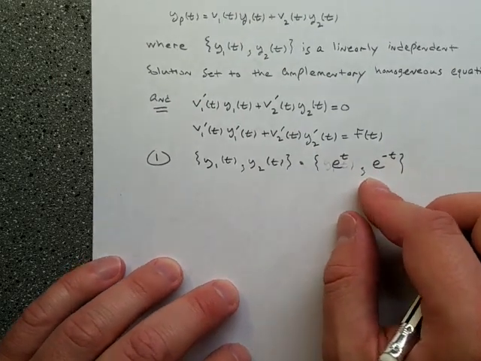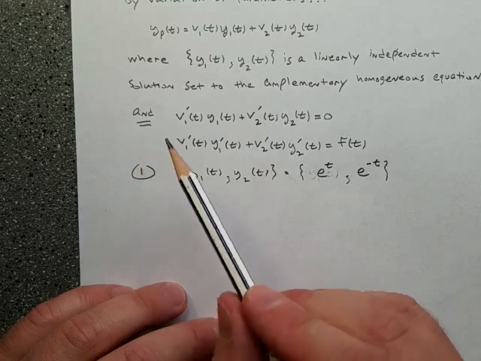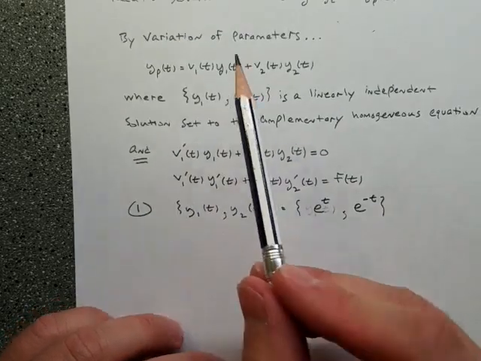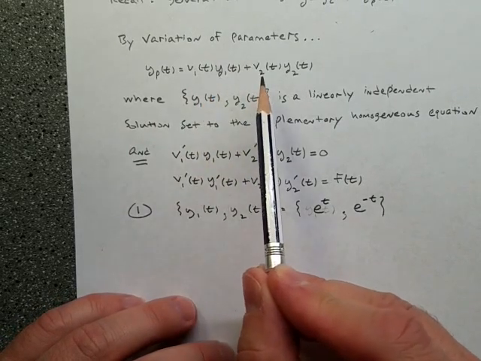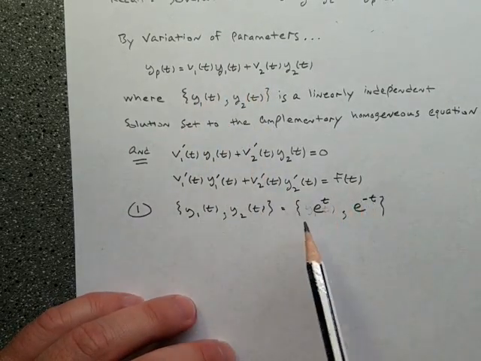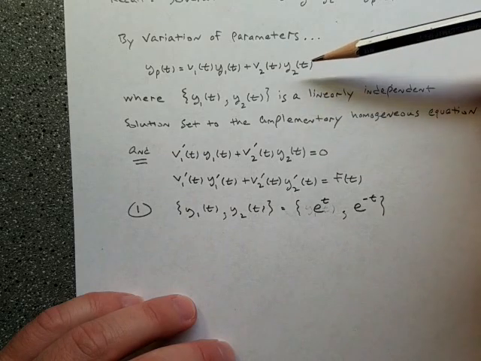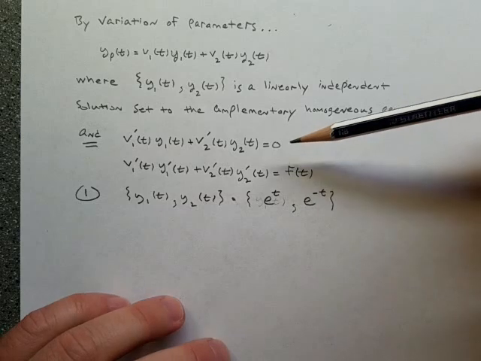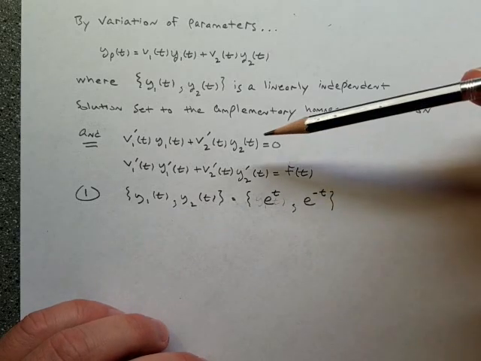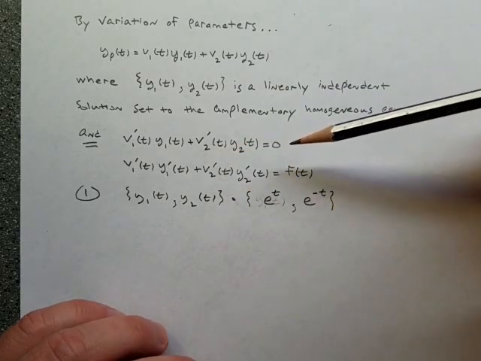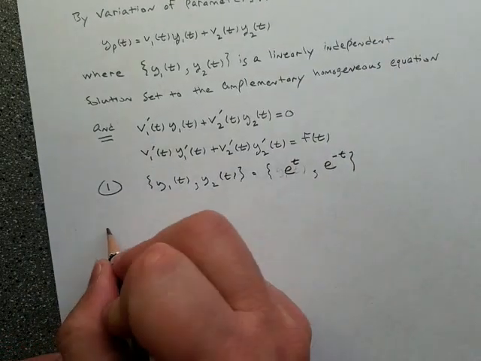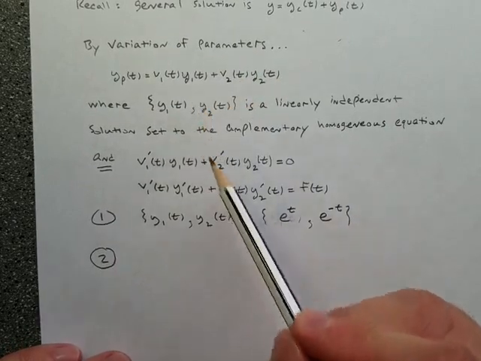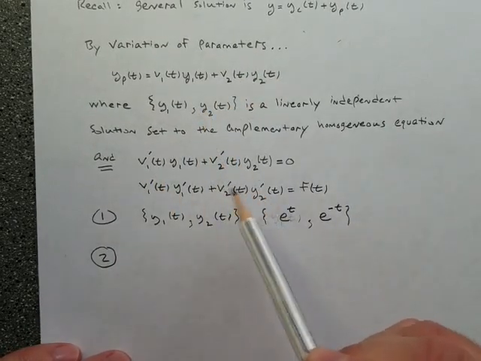Okay. All right. Now, from here, I don't know what v1 prime is and v2 prime. I definitely don't know what v1 and v2 are, but since I have these, the objective is to find v1 and v2. And you find them out of that system right here. So what we ought to do is just write that down. Second step, the system that you see right here is going to look this way.